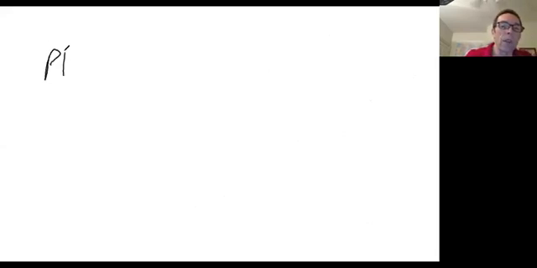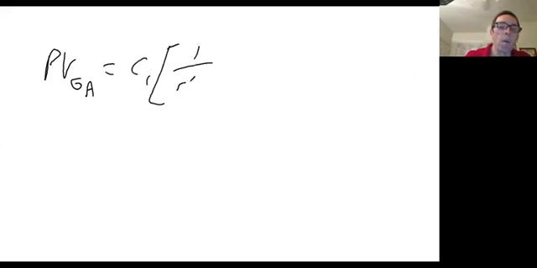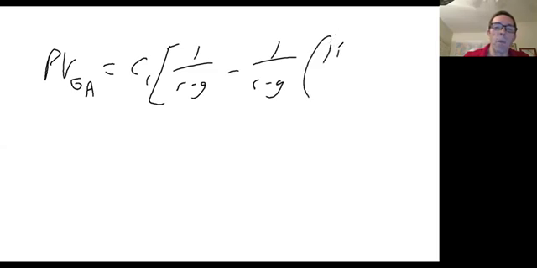The present value of a growing annuity is equal to the cash flow at time 1 times 1 over R minus G minus 1 over R minus G times (1 plus G over 1 plus R) raised to the T power.